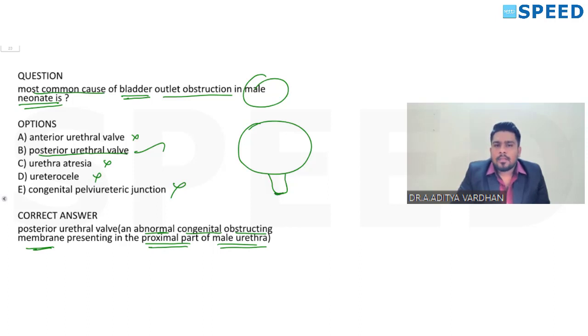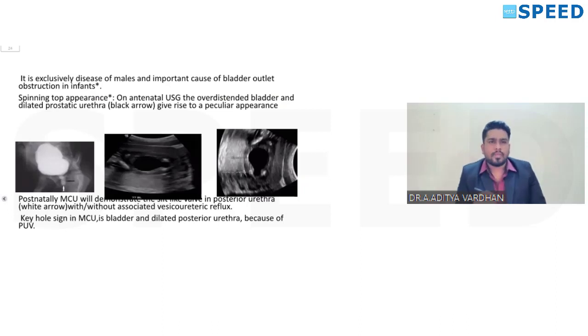What happens abnormally is there will be a congenital obstructing membrane, okay, which will be the posterior urethral valve, giving dilatation of the posterior urethra, as well as bladder will be having the contrast. If I show you the image, you will be able to understand it better. Look here. It is exclusively the disease of males. Very classic. Important cause of bladder outlet obstruction in infants. Infants male.